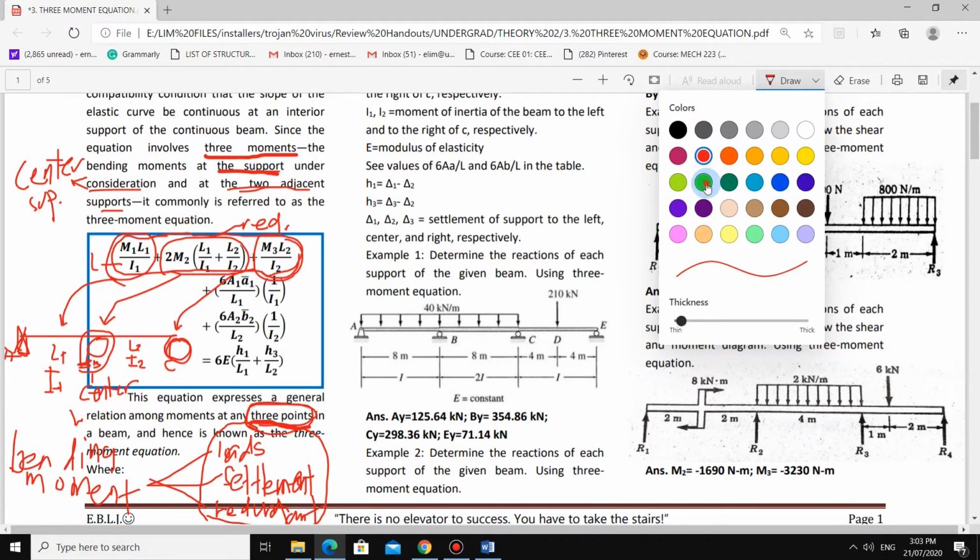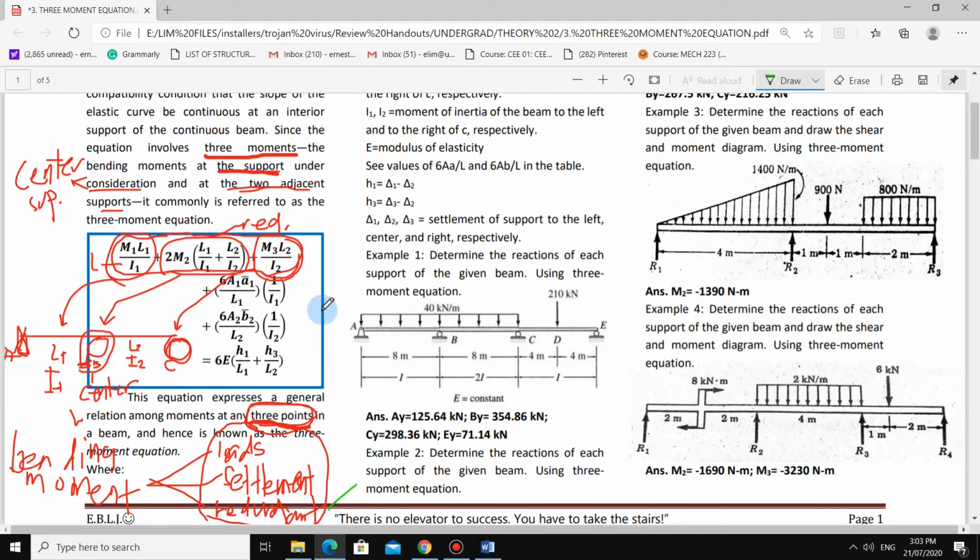Okay, so next, after the redundant, is due to loads. So due to loads, guys, we have 6A1 bar over L1, then quantity of 1 over I1, then plus 6A2 bar over L2, then 1 over I2.